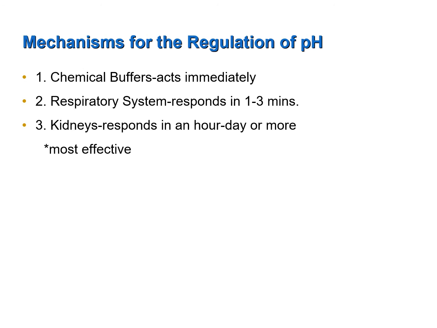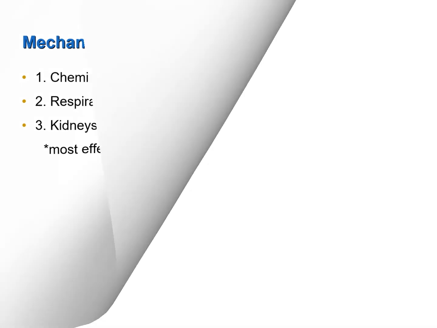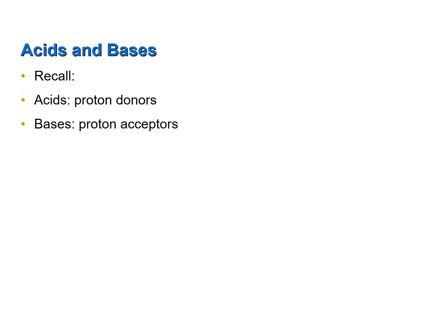In this screencast, we're going to focus on the chemical buffers as a mechanism for regulating pH, and we'll cover the respiratory system and the urinary system in the subsequent screencast. If you recall, acids are proton donors and bases are proton acceptors.